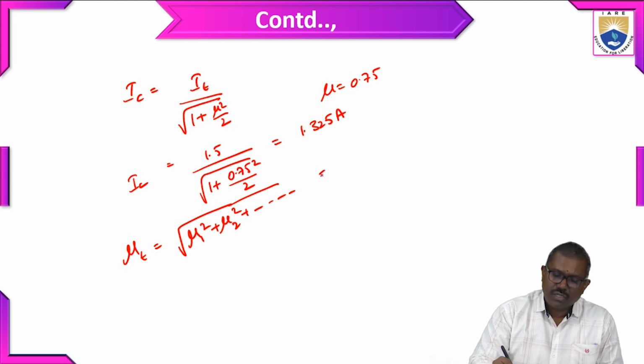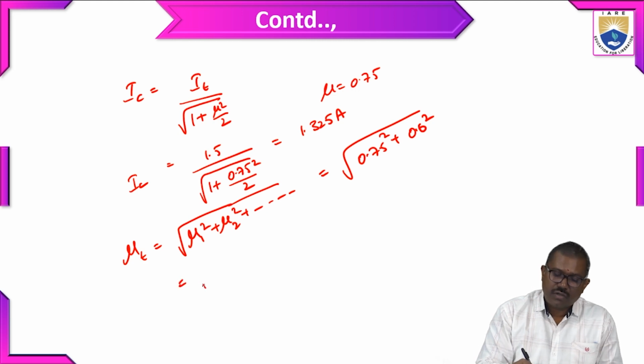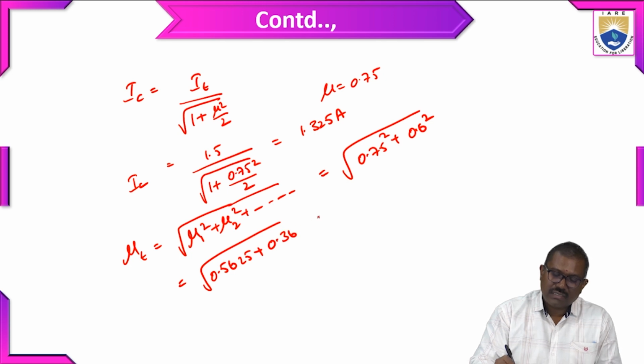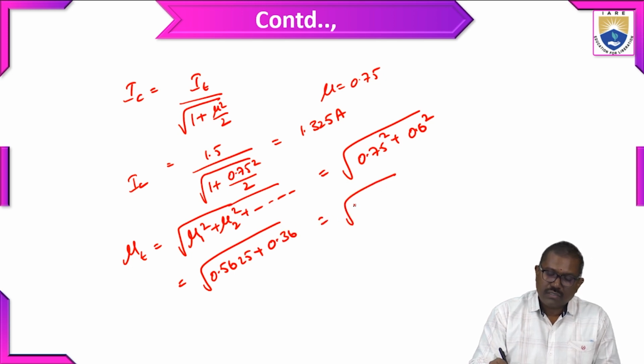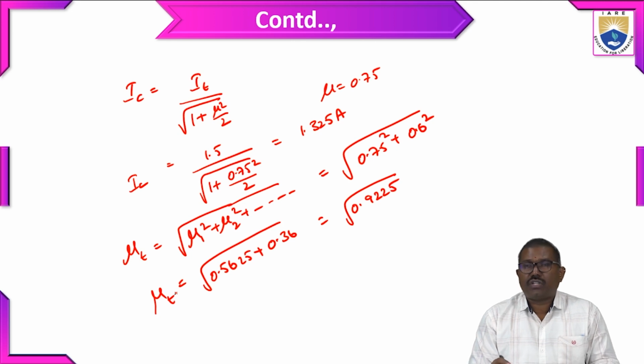Okay, so here I am going to substitute 0.75 square plus 0.6 square. So for 0.75 square you get 0.5625 plus 0.6 square, it is 0.36. So you get 0.9225. So this is my mu t squared, the total modulation index.